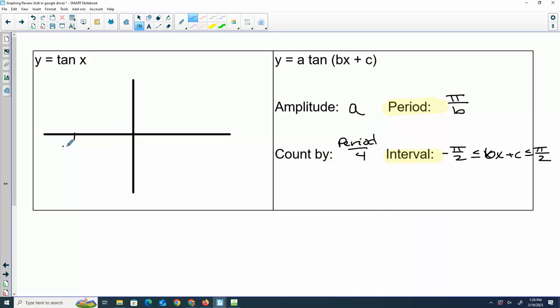We'll start this graph at negative pi over 2. And then negative pi over 4, 0, pi over 4, pi over 2. We choose this interval because we get asymptotes on both ends.